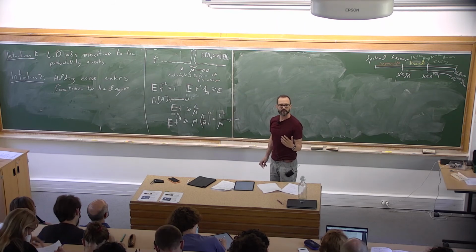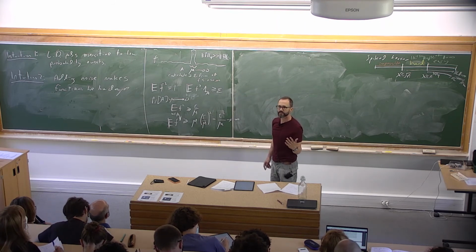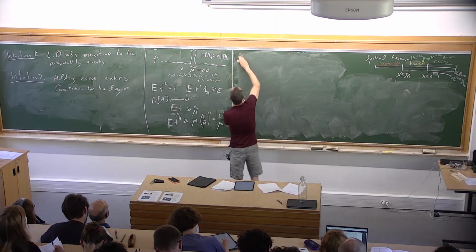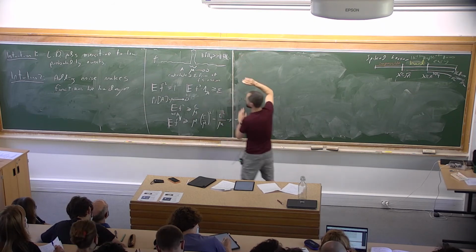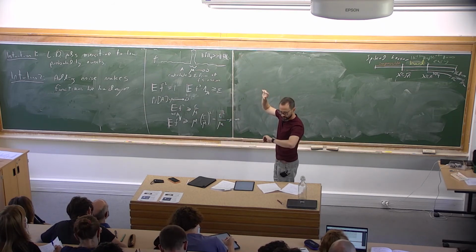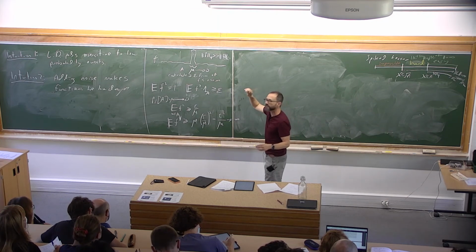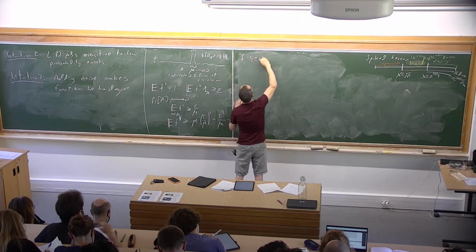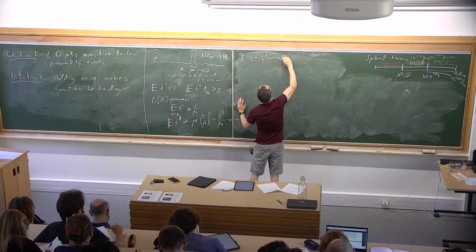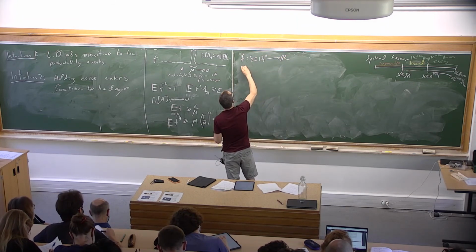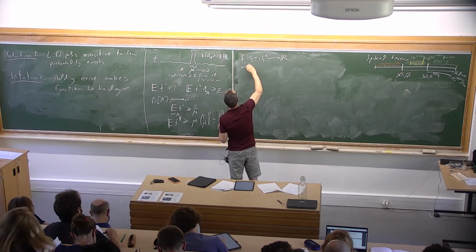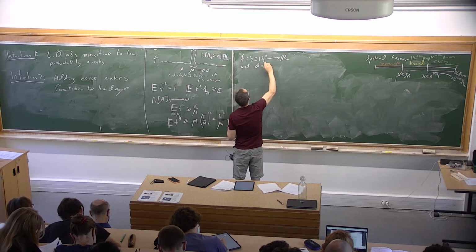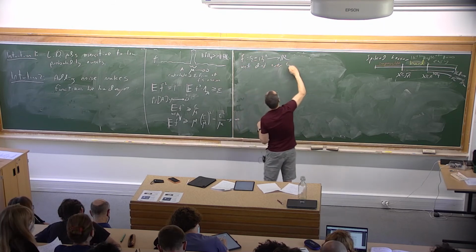I'm going to take the most simple setting. For the rest of the talk, probably until the end, I'm going to consider only functions that map plus minus 1 to the n to the reals, and we're going to consider the uniform distribution over plus minus 1 to the n.